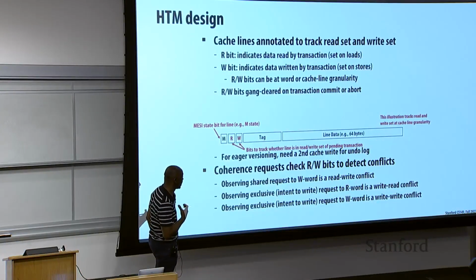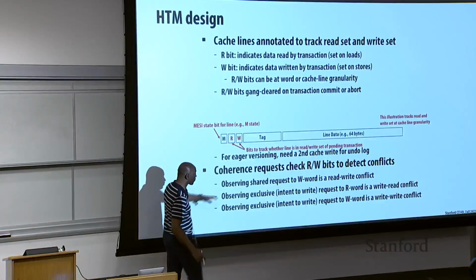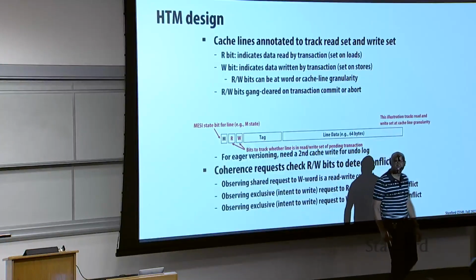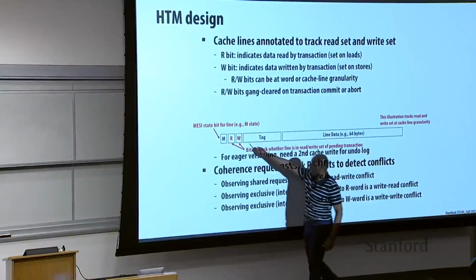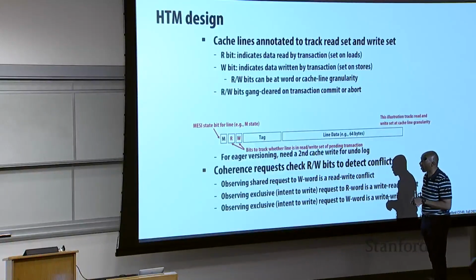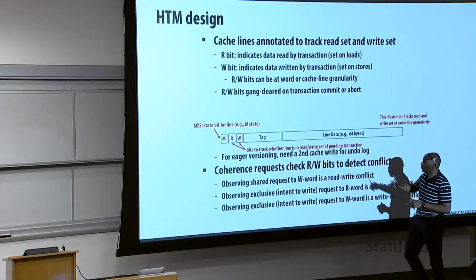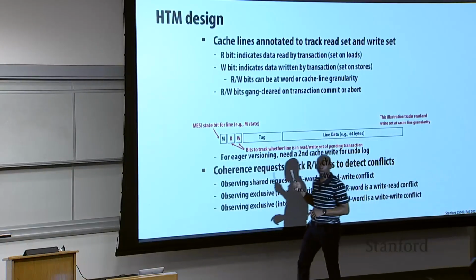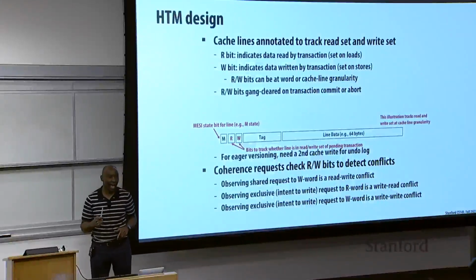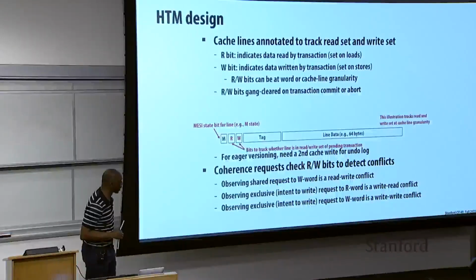If you see a shared request to a line that has the W bit set, you know that is in fact a conflict, a read-write conflict. You've already written this line, and some other processor wants to read it, so there's a potential conflict there.